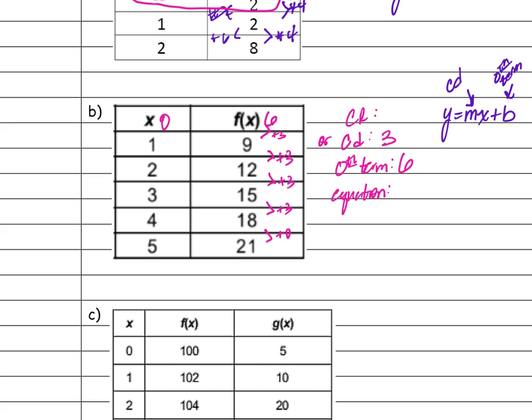All right, so then that means my equation is going to be y equals 3x plus 6. Done. That's it. Y equals 3x plus 6. Okay?